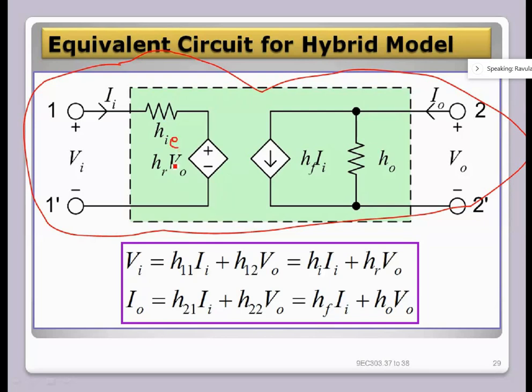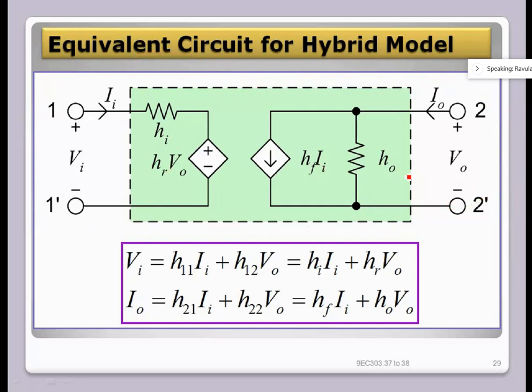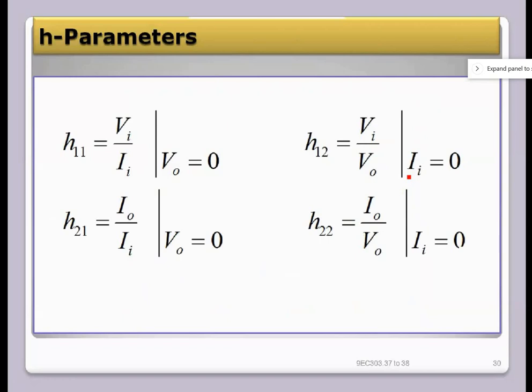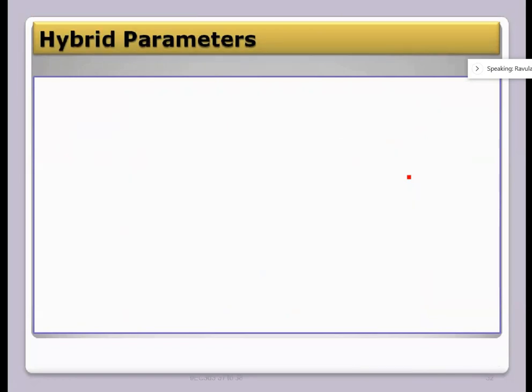If it is a common emitter, it will be like this. Similarly for common base and common collector. So redraw this circuit for common base, common emitter and common collector.